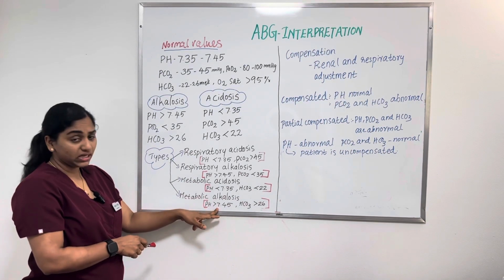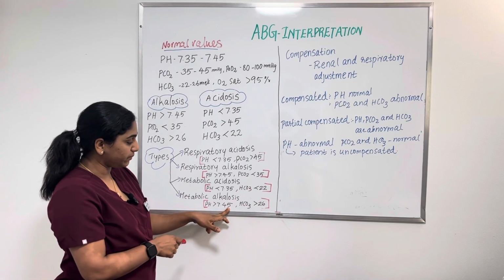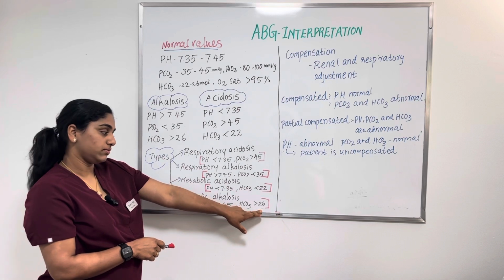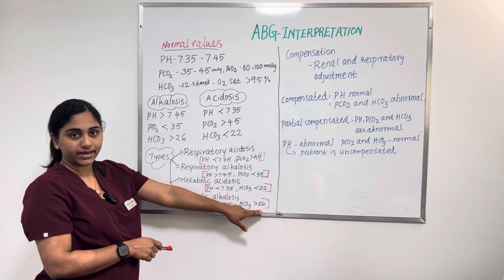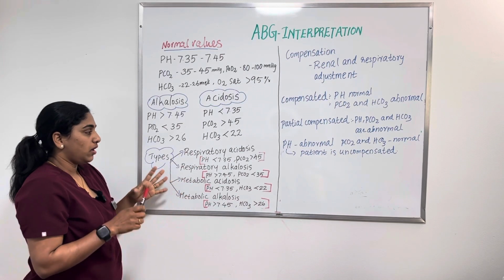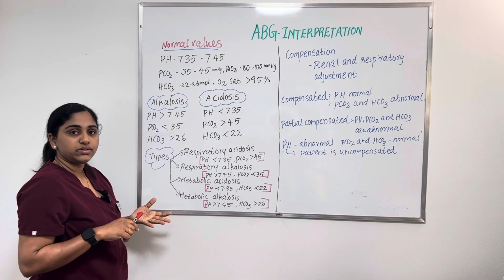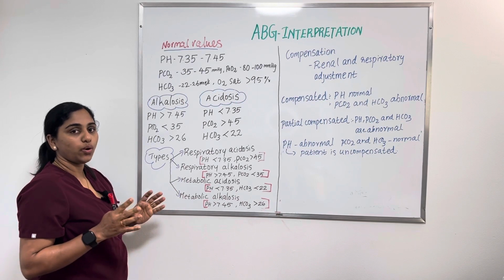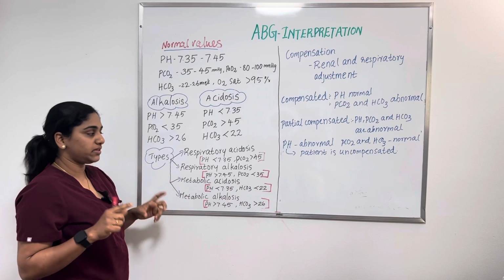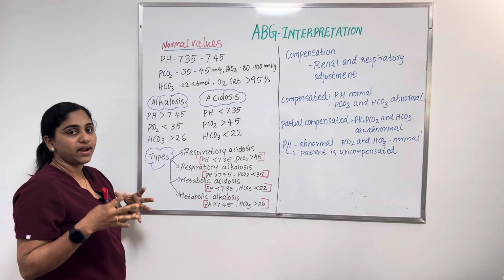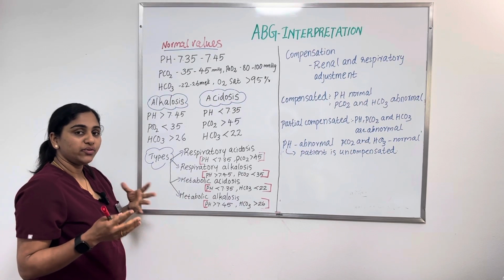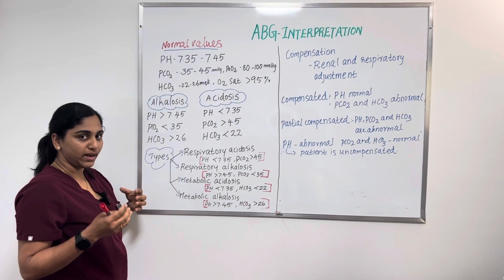Here the pH can be greater than 7.45 and the bicarbonate can be greater than 26. So in respiratory acidosis or alkalosis, the component is carbon dioxide, and the carbon dioxide value determines the pH of the blood. In metabolic, the bicarbonate value determines the pH of the blood.